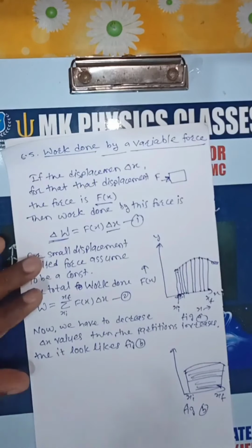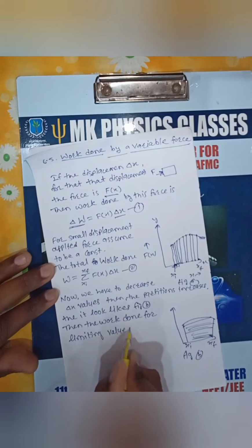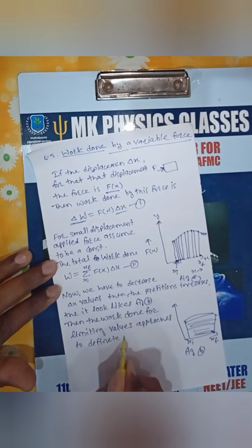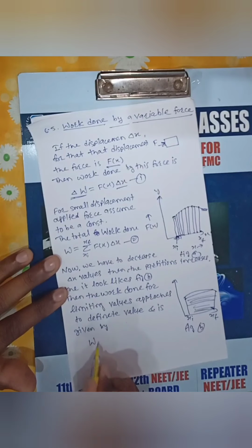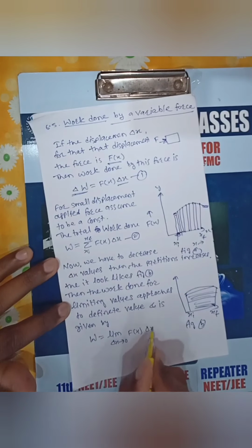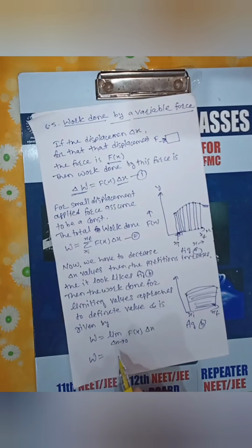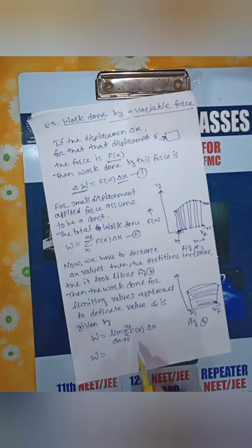Then the limiting value of the work done approaches a definite value and is given by: work done is equal to the limit as delta x approaches 0 of the summation over xi to xf of f(x) into delta x.